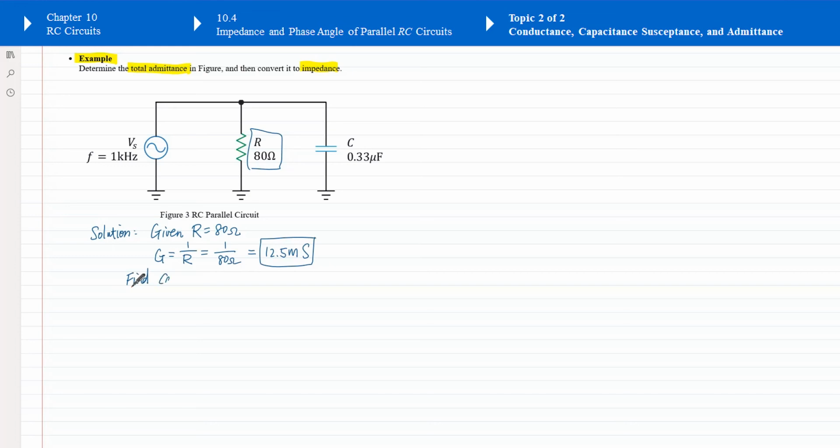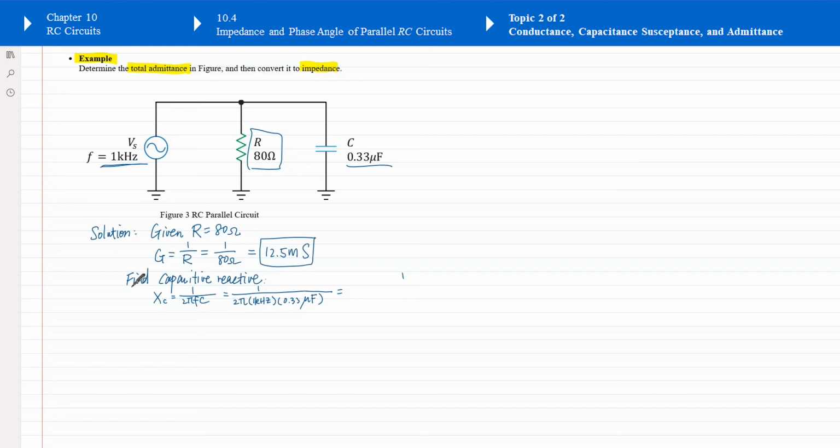capacitive reactance. And that is XC equals 1 over 2 pi FC. This equals 1 over 2 pi, frequency is 1 kilohertz from that voltage source, and then capacitance is 0.33 microfarad.